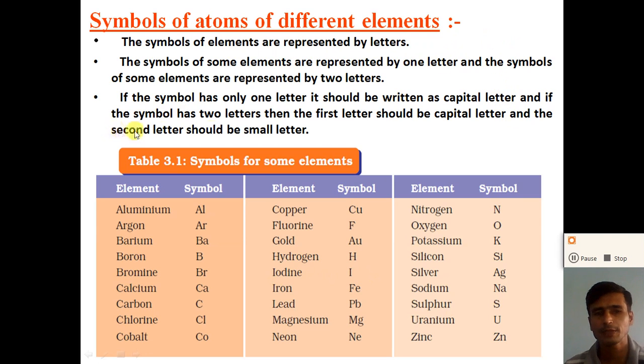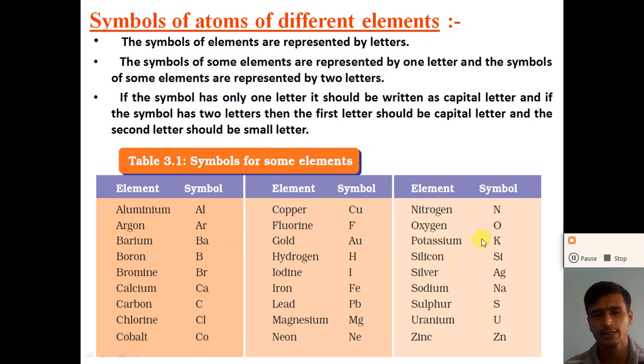But if the symbol has two letters, then the first letter should be a capital and the second letter should be a small letter, right? For example, for barium we write a capital B and small a; for cobalt, capital C and small o; for silicon, Si.